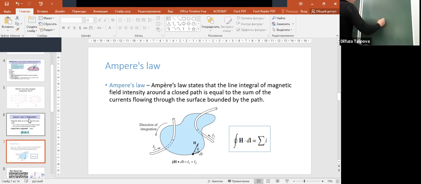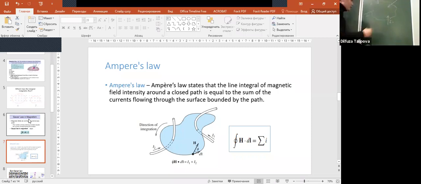And Ampere's law says that if we have such a closed surface, let's say there are some currents going inside of the surface. Let's say this one is I1, here we have I2, let's call this one I3, and this one is I4.